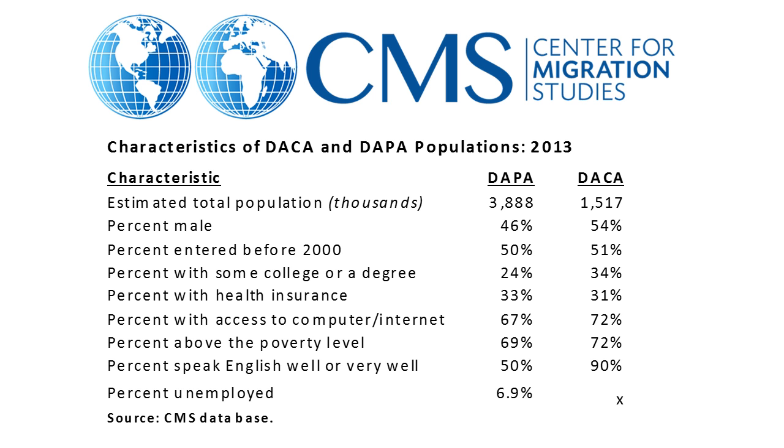Obviously, these are our estimates on DAPA and DACA. We have a lot of information on DACA and DAPA potential beneficiaries. Our overall numbers are similar to what other numbers are out there. We wanted to bring your attention to a couple of things. One, the high degree of access to computers and the internet among this population.